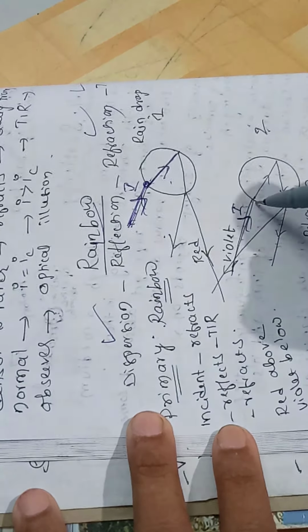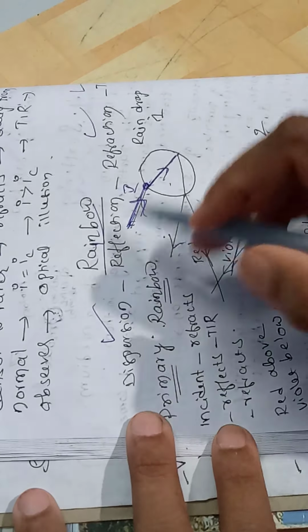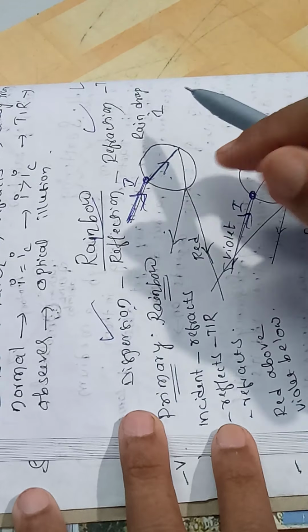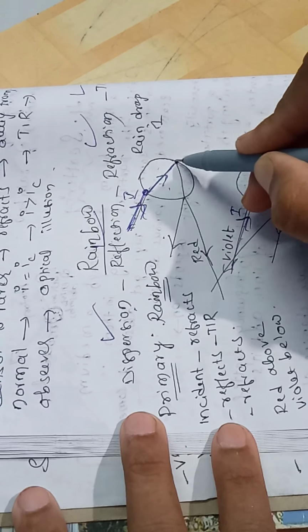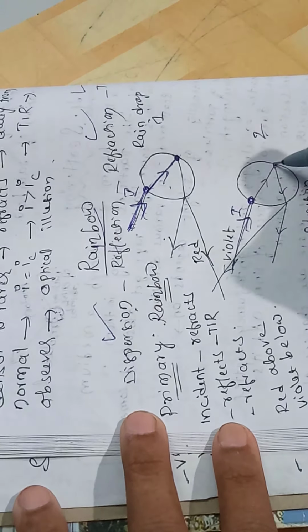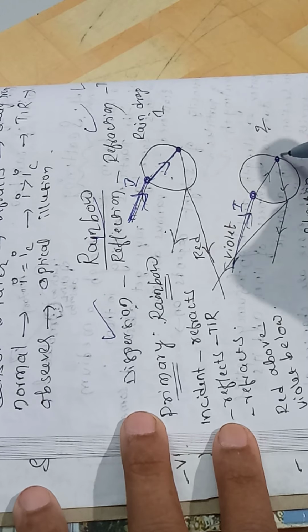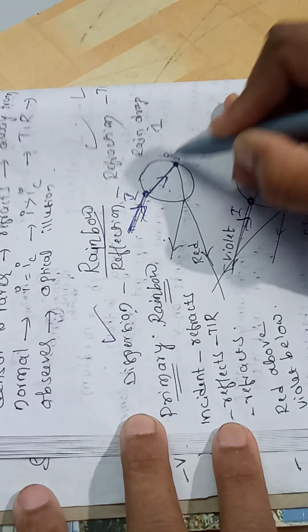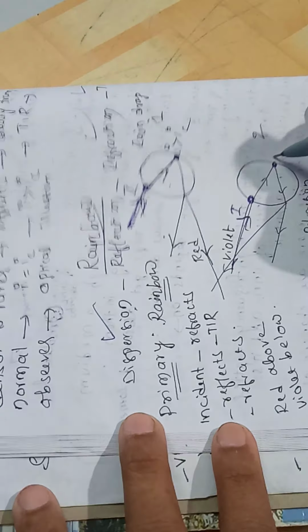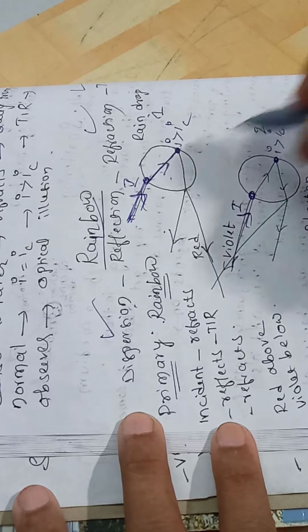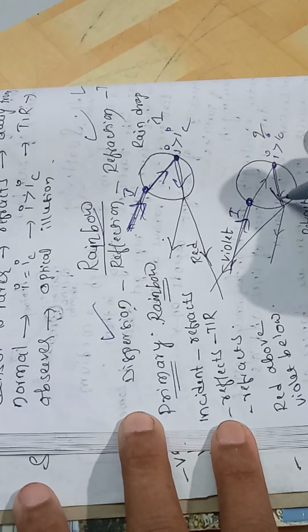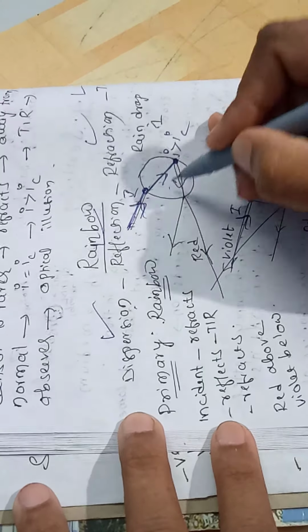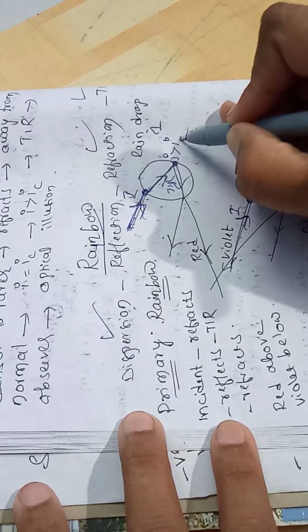Here it refracts. Now due to dispersion, it splits into 7 different colors and is incident on the second surface of the raindrop. Now here the angle of incidence will be greater than the critical angle, so it again reflects back. It undergoes total internal reflection here. Why? Because i is greater than ic.